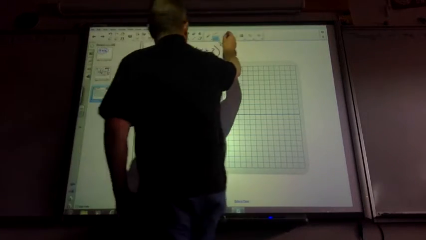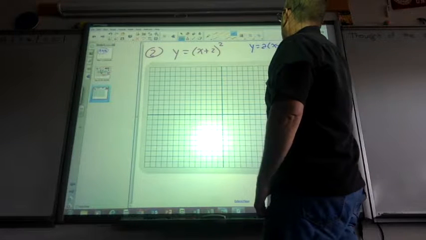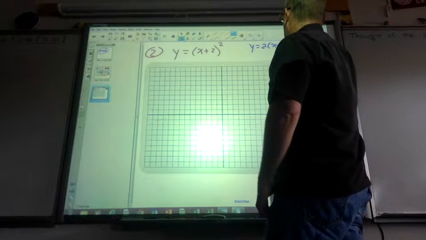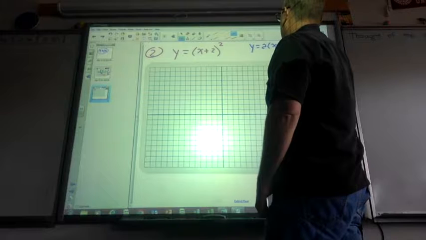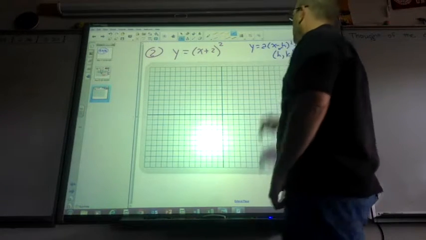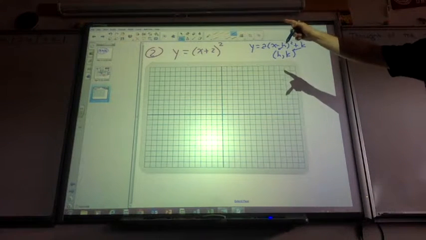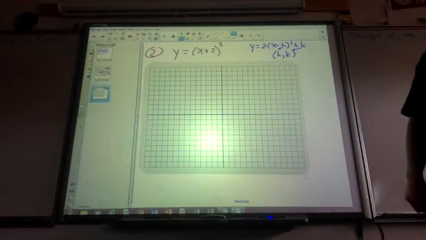Vertex form, you recall, is this, where my vertex is opposite grouped, same not. Okay? So my lead coefficient, my a value on this one's 1, do you agree?